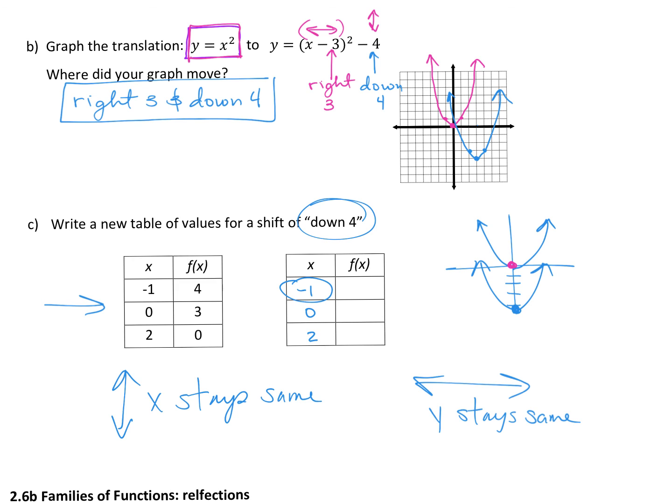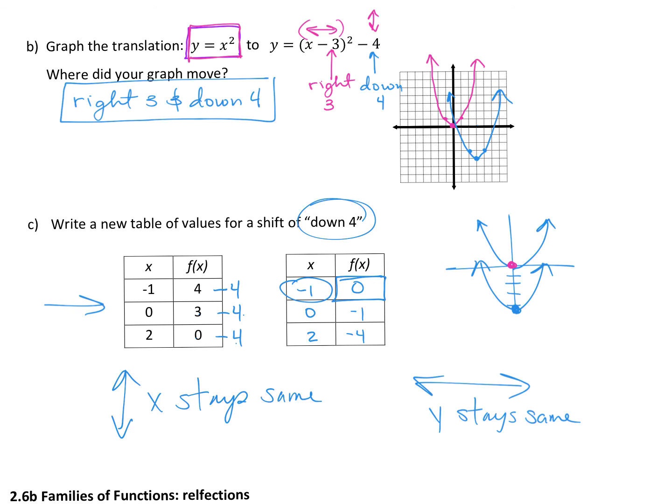What is my f of x right here going to be next to my -1? 0. Why? You're subtracting 4. So right here, you're going -4, -4, -4. 4 minus 4 is 0. 3 minus 4 is -1. And 0 minus 4 is -4.